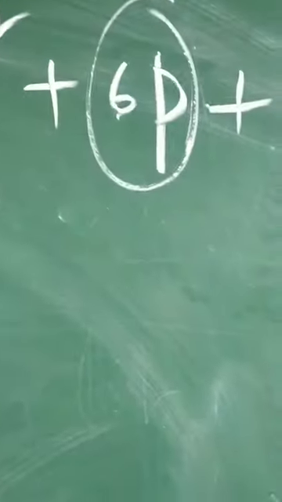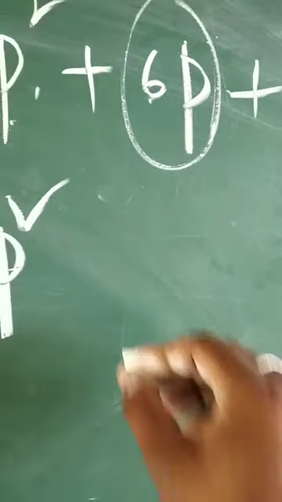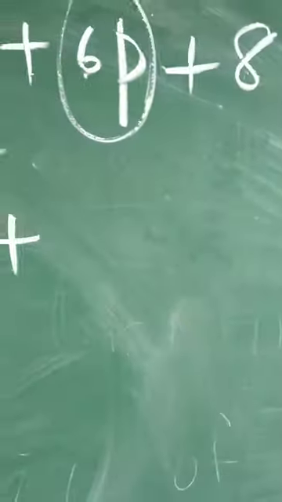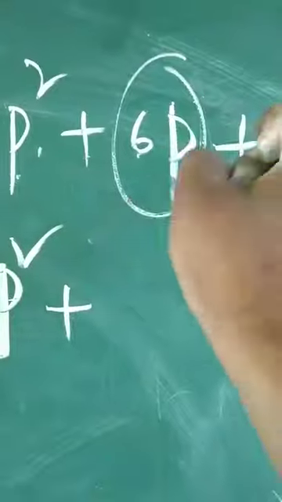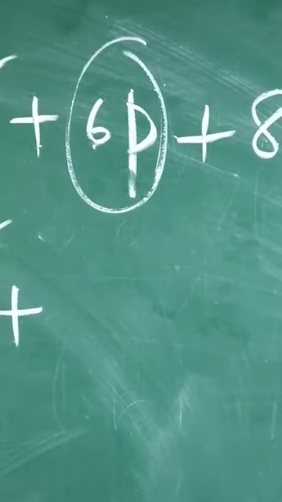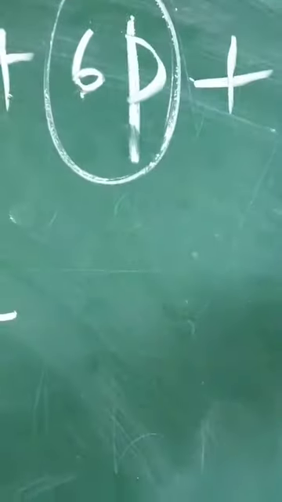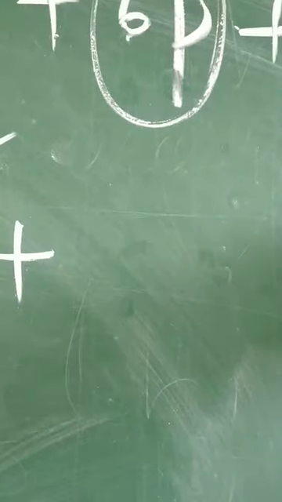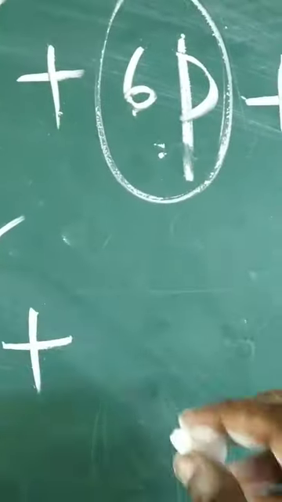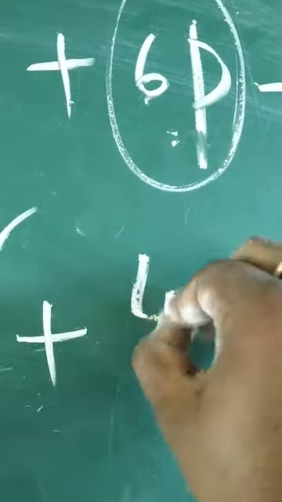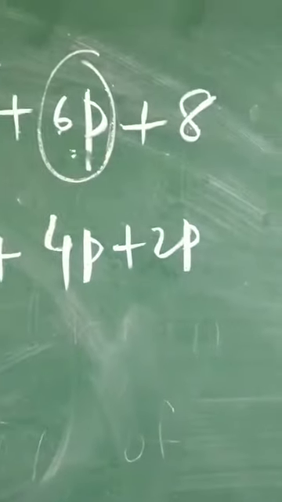What is that? Let us check it out. Let this p square be p square as it is, plus sign, plus sign. Now, we have to factorize 6p in such a way so that by doing addition or subtraction, it comes to 6p with two values. What can that number be?